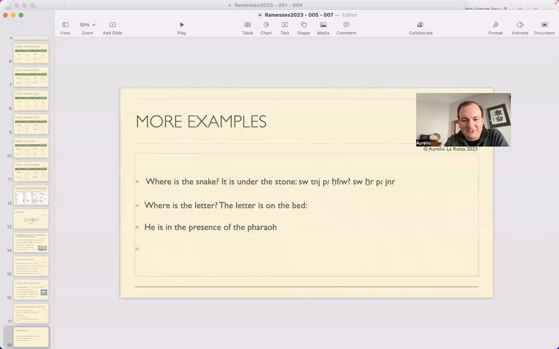Do we want to do maybe one more, and I'll put a few more into homework, basically? How would you say, where is the letter? And we had letter in our very first session. It is sha in the older form.